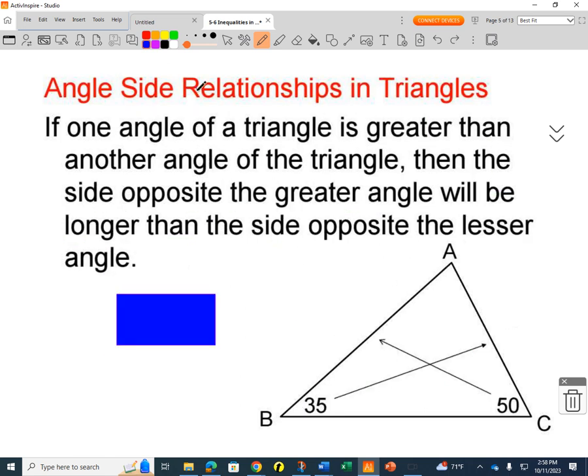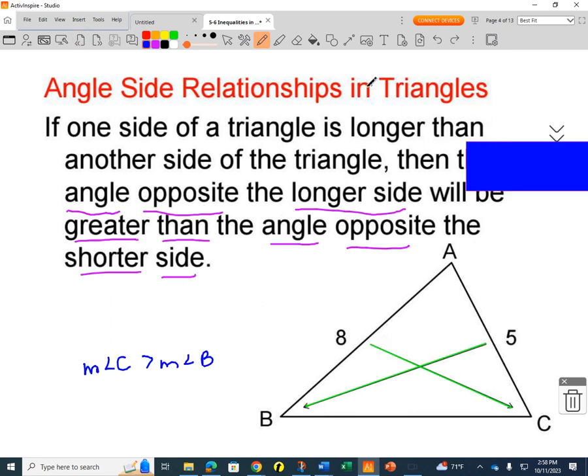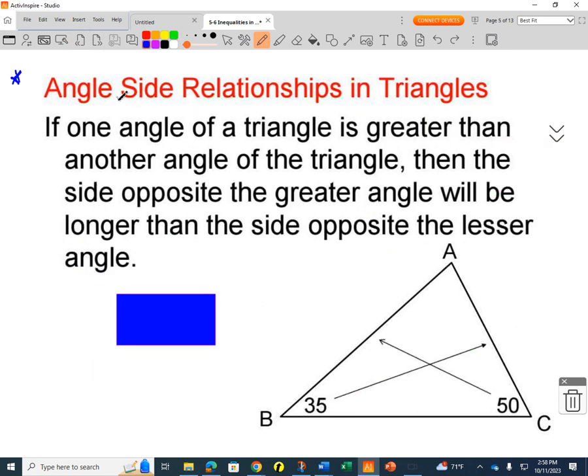So this is a converse. This is a converse to the angle-side relationship in triangles. It's the same thing, but it's the converse. So if an angle of a triangle is greater than another angle of the triangle, then the side opposite the greater angle will be longer than the side opposite the lesser angle.